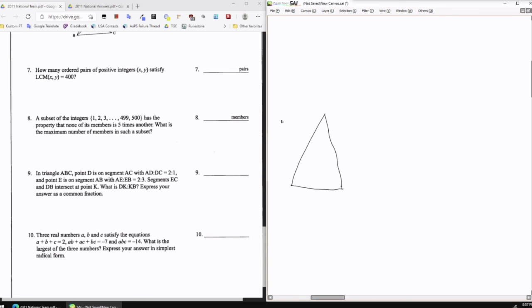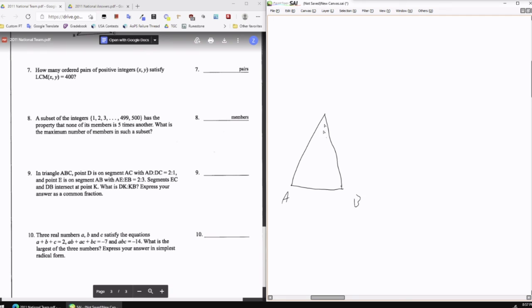You can have A, B, C like this, and this is E, D. If we draw like this, then this is 2, this is 1, this is 2, this is 3.